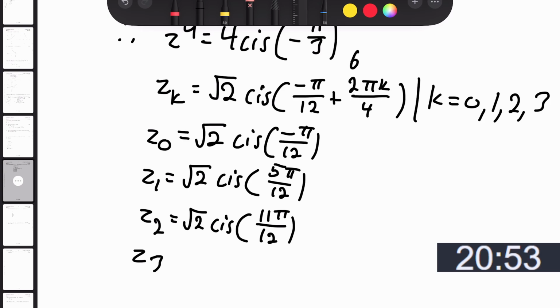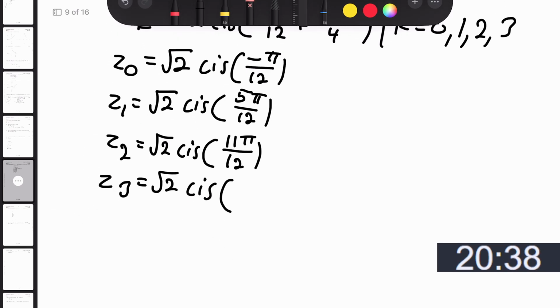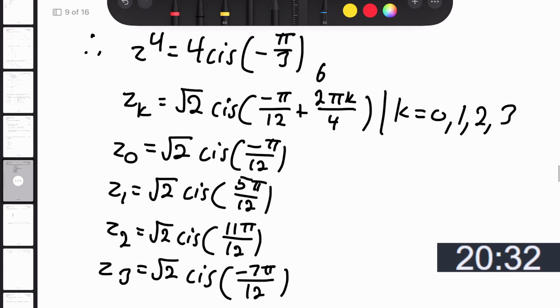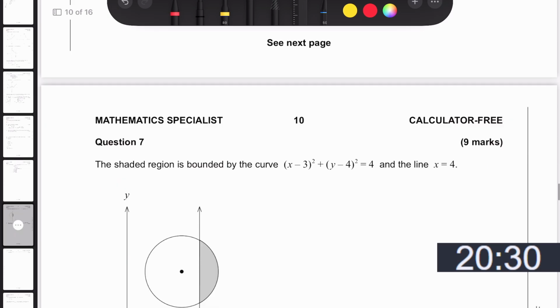And z to the power of 3 is going to equal square root of 2 cis of, let's make sure I get this right. I'm going to get 17, so I got negative 7. Yep. There's negative 7 pi plus 6 is going to be negative pi. Alright, so that's my answers.